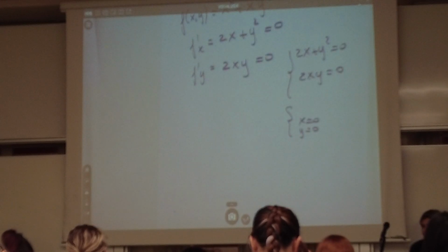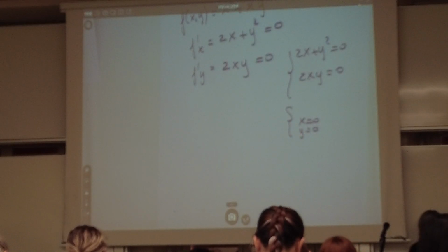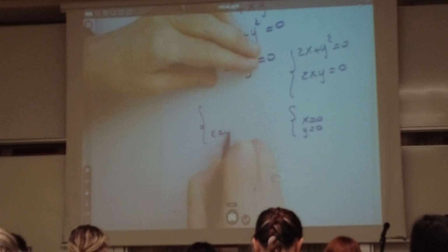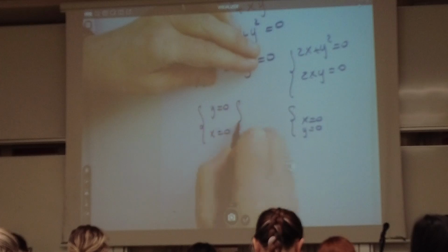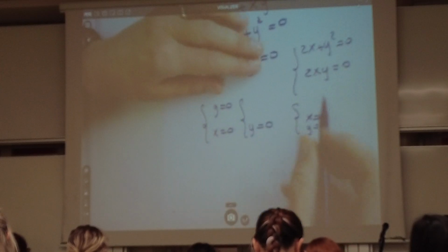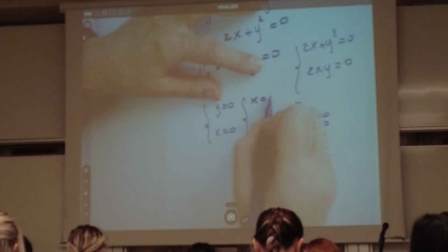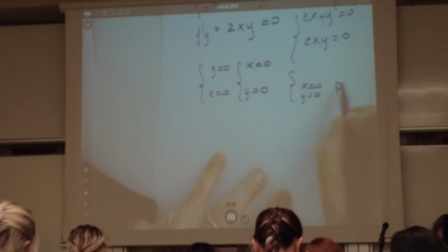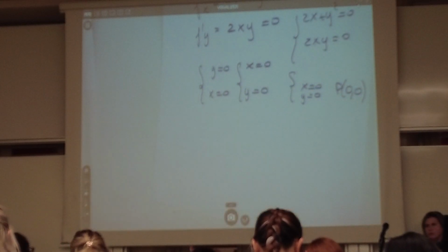So finally, can you tell me which is the stationary point? Do you believe there is something different from 0, 0? If you take x equal to 0, then you have y equal to 0. If you take y equal to 0, then you have x equal to 0. So again, the same. So the stationary point is again 0, 0.